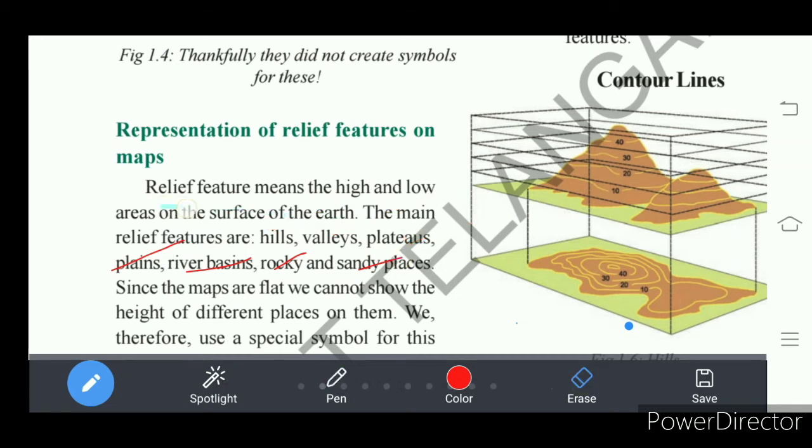What does it mean? The surface of the earth is not flat. It is not smooth and flat in this way. How is the surface?